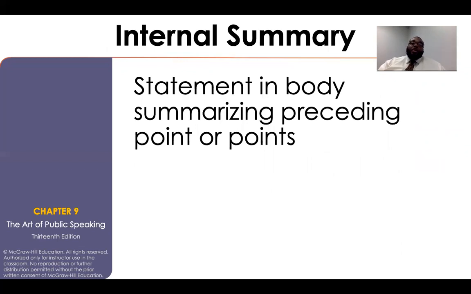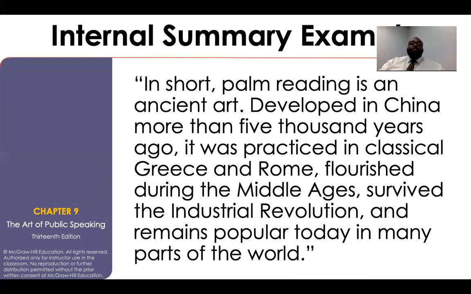An internal summary is a statement in the body that summarizes a preceding point or multiple points. For example, in short, palm reading is an ancient art. We go on to discuss that it developed in China more than 5,000 years ago, was practiced in classical Greece and Rome, flourished during the Middle Ages, survived the Industrial Revolution, and remains popular today in many parts of the world.